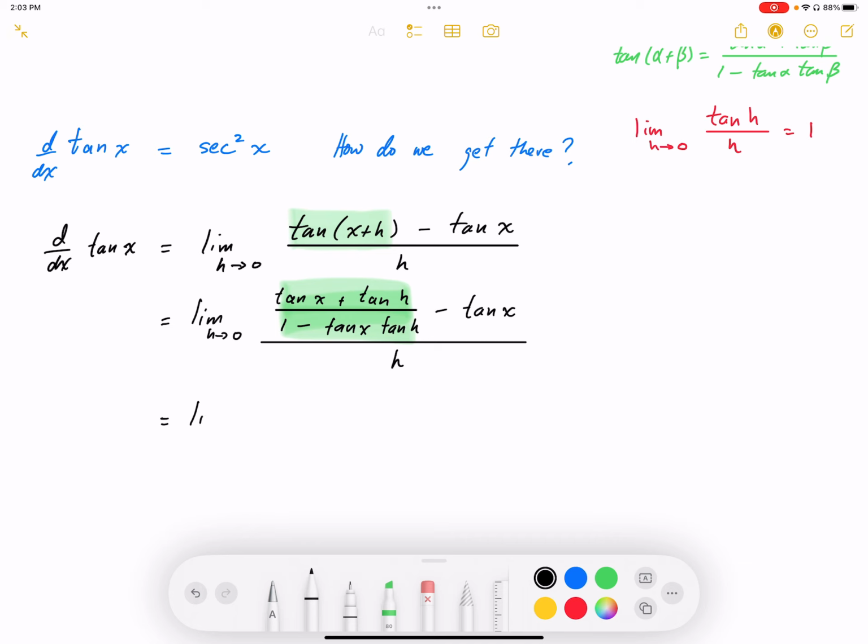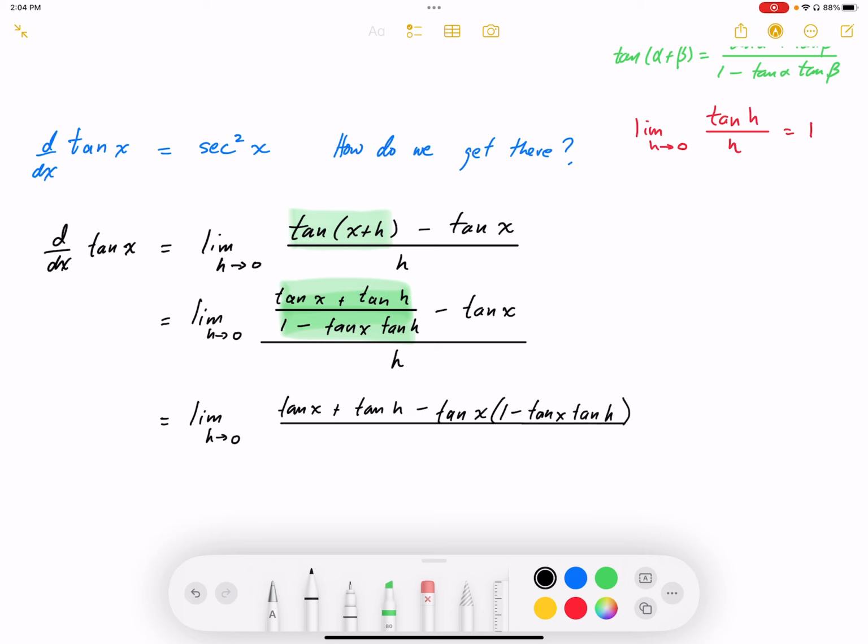So I'm going to write it like this. The limit as h approaches 0, and we're going to end up with tan of x plus tan of h, and then minus, so we need to put this all in one denominator, minus tan of x times 1 minus tan x tan h.